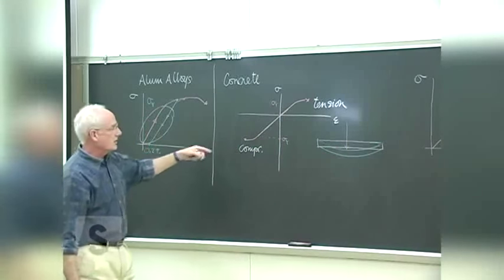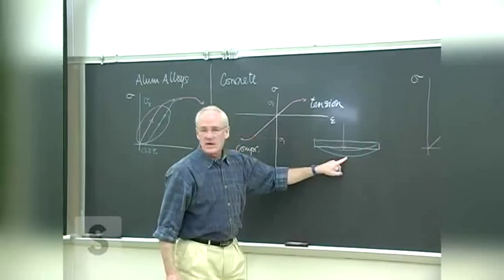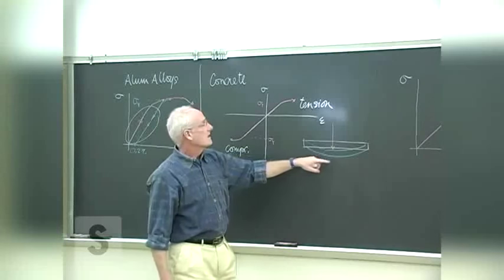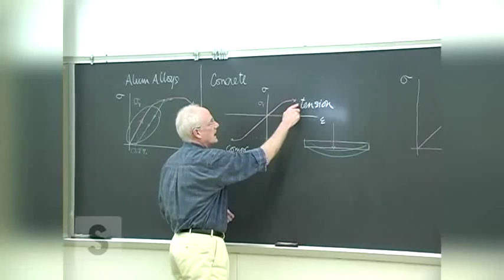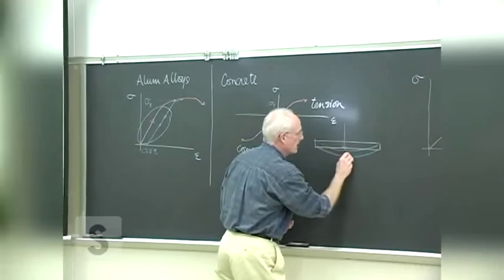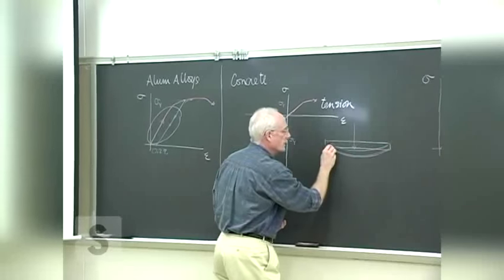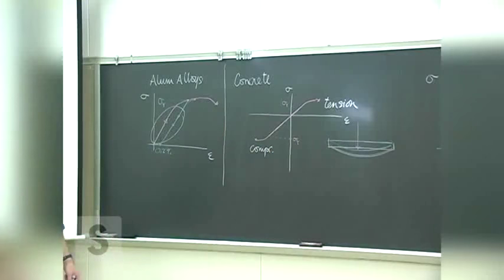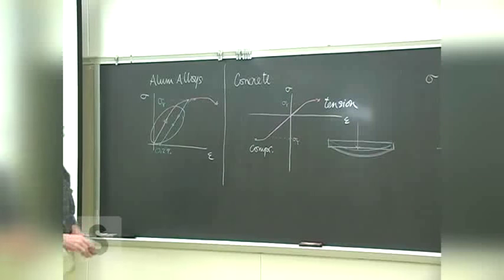If you've got a concrete beam like this, it's unavoidable that the bottom of the beam is now in tension. So we're going to look at how to help that by putting in reinforcing bars, rebar, across the bottom of the beam, and the rebar then will absorb the tension and the concrete will not.